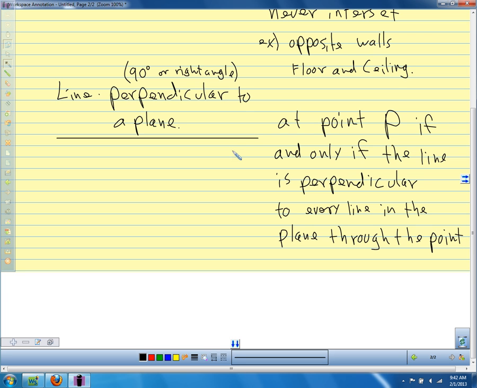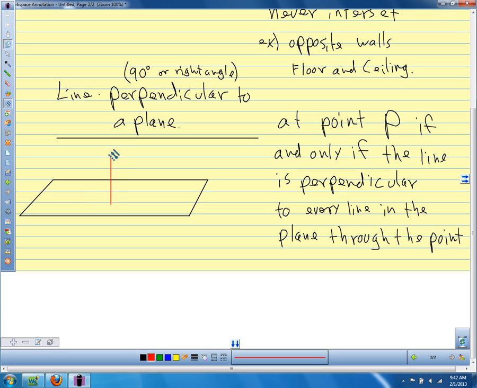So let's draw a picture of what we're talking about, and then I'll explain why we had to be careful and write it the way we did. So here's my picture. There's my plane. Here is my line. And we want that to be perpendicular. So there's point P. That's where the line and the plane intersect.